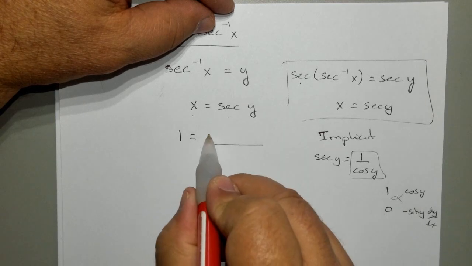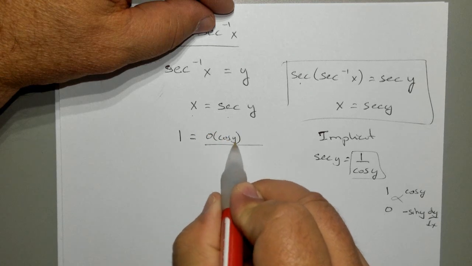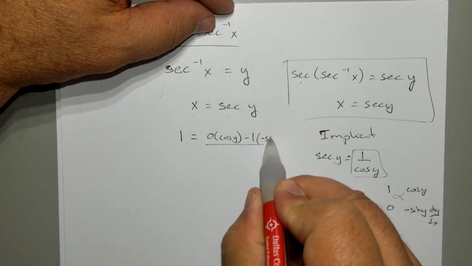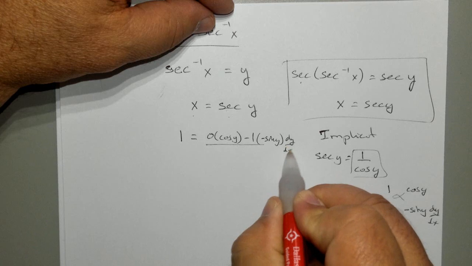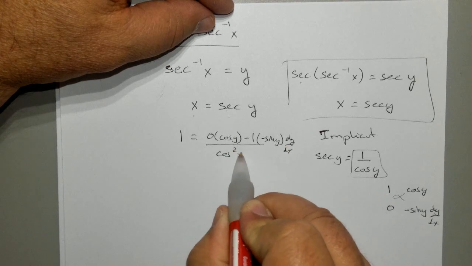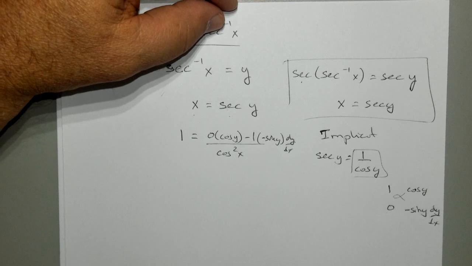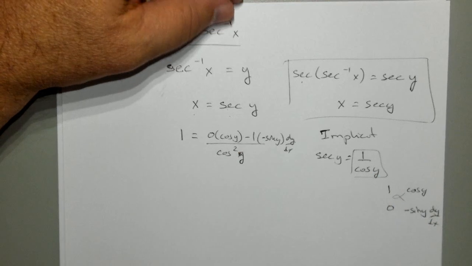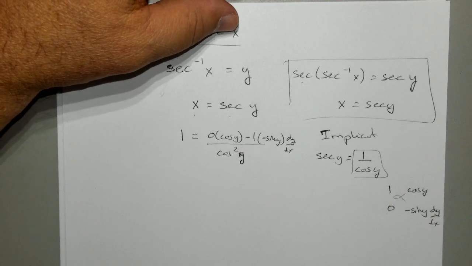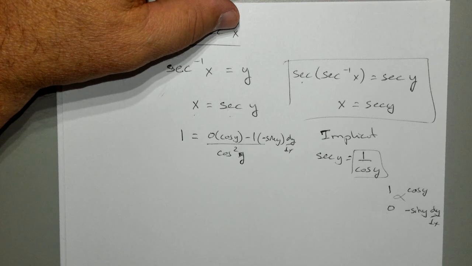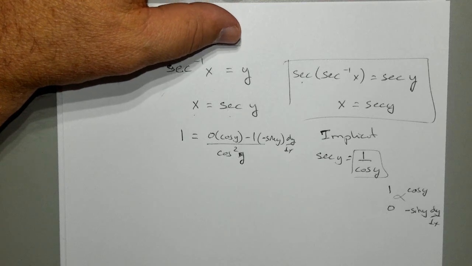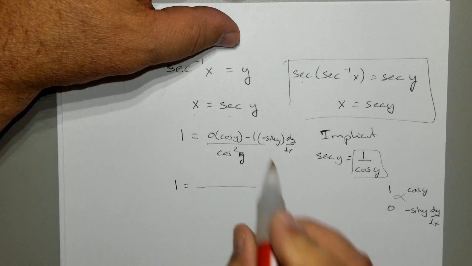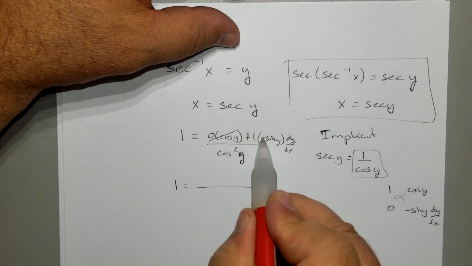Cosine times 0 minus 1 times negative sine y dy dx, all over cosine squared y. Cosine times 0 is 0. This becomes a positive.